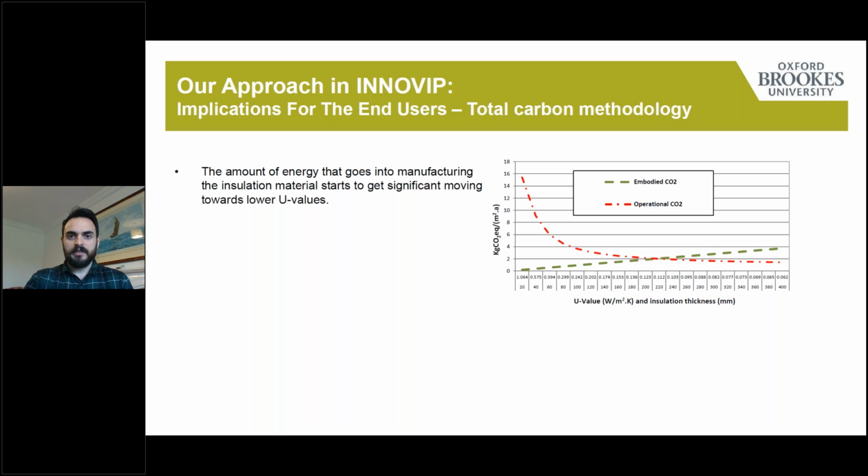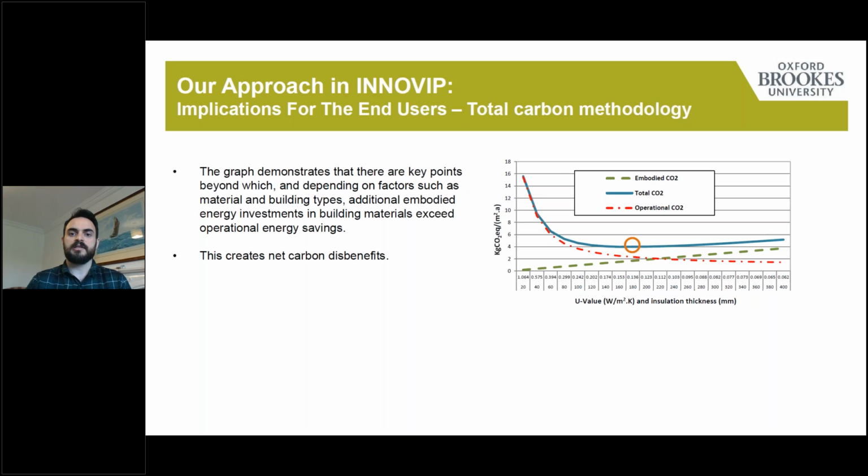As you use more insulation, you're also adding more material into the building. So as the thickness increases, the green line is showing that the embodied energy is also increasing. And when you put these two lines together, you'll get to a point on the graph, the blue line.